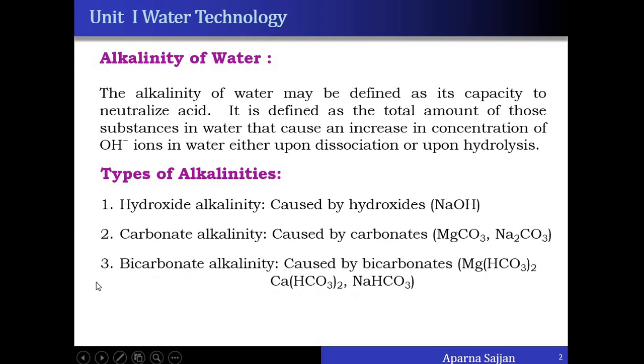And the third type of alkalinity is bicarbonate alkalinity, which is caused by the presence of substances called bicarbonates, like calcium bicarbonate, sodium bicarbonate. So in total, there are three different types of alkalinities. One of them is bicarbonate, the other is carbonate, and the third is hydroxide alkalinity.